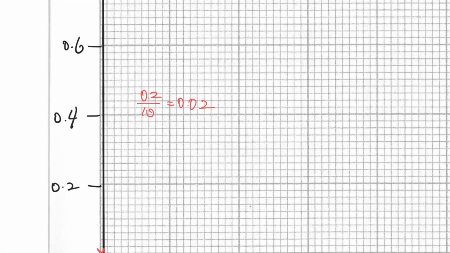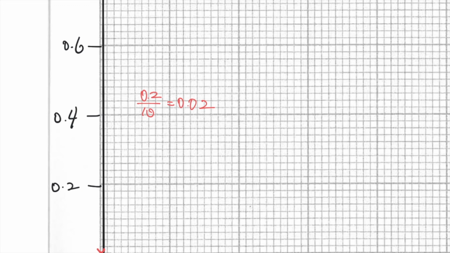We'll have 0.4 plus 0.02 is 0.42. So we go 0.42, 0.44, 0.46, 0.48, 0.5, 0.52, 0.54, 0.56, 0.58, 0.6, and we see that that is true because it's fitting there. So then we can find the point 0.45.